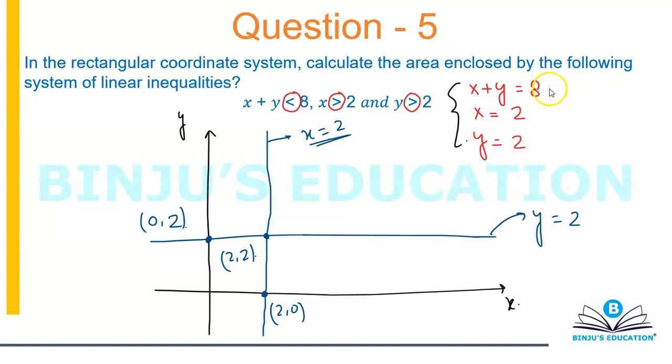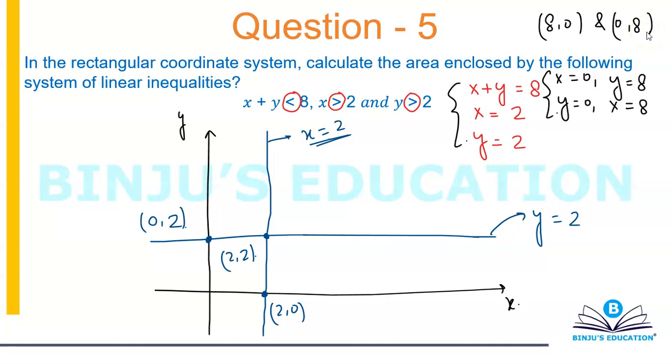So if x plus y is equal to 8, or whatever equation you may have, first you put x is equal to 0 and you get y is equal to 8, then you put y is equal to 0 and from there you get x is equal to 8. Always these two things: x is 0, calculate the value of y, then y is 0, calculate the value of x. So the points 8, 0 and 0, 8 lie on the line.